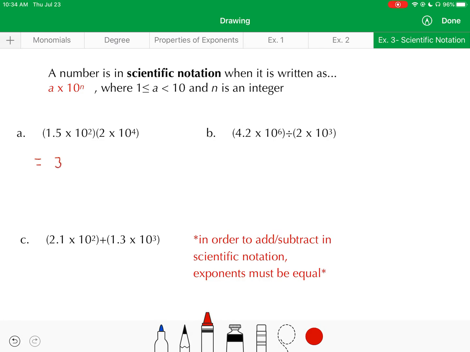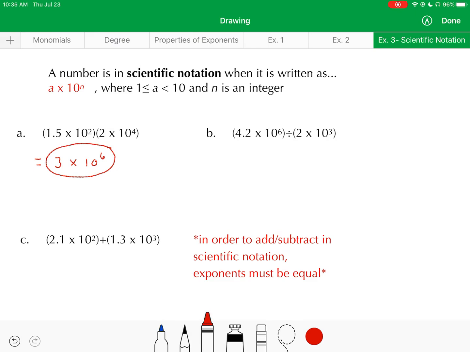That's going to give me 3. And then here's where the property of exponents comes into play. 10 to the second, if you multiply that by 10 to the fourth, add their exponents, that's going to give you 10 to the sixth. Okay, and notice that result is still in true scientific notation.